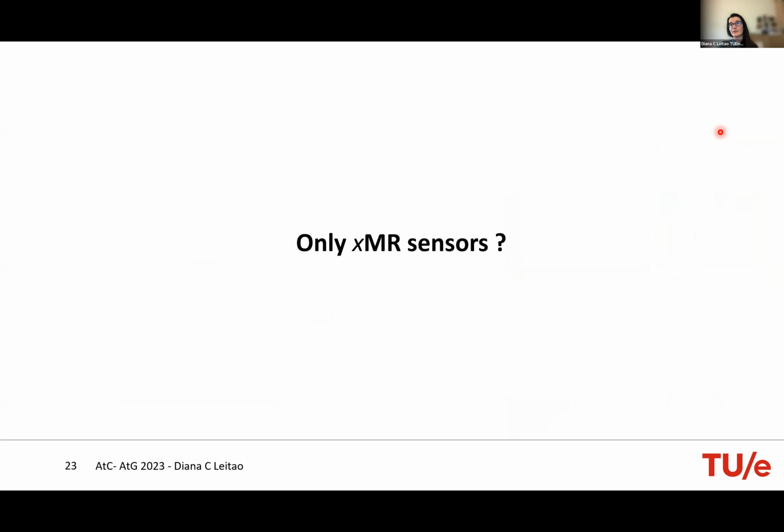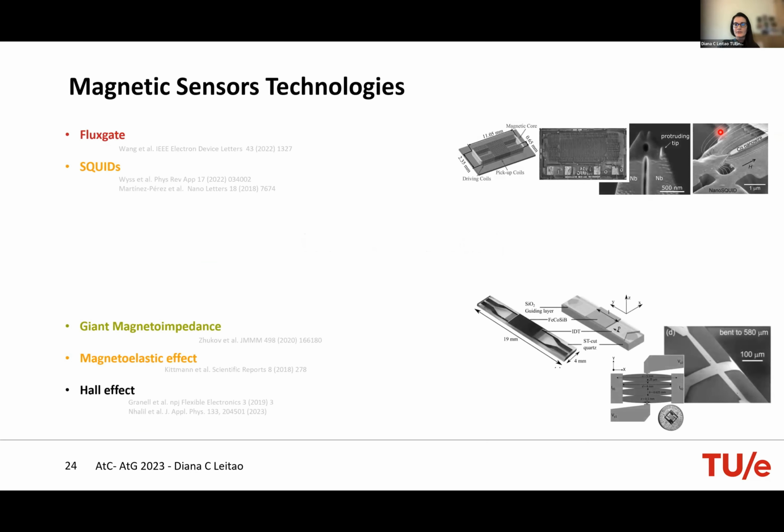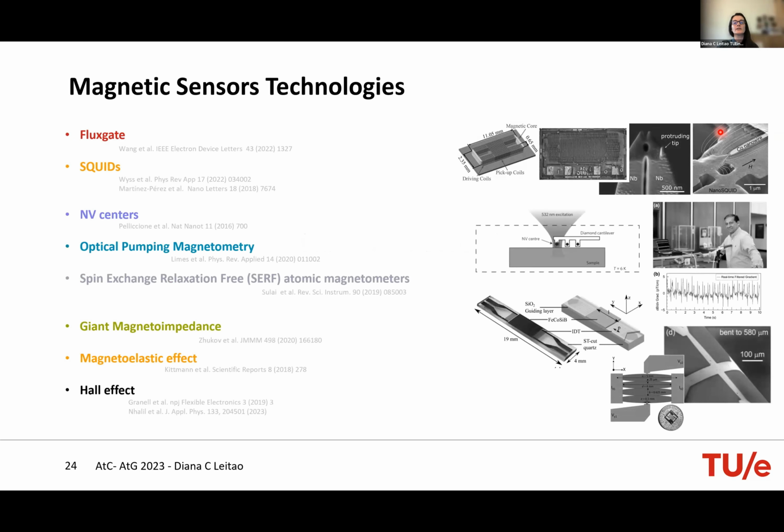Of course, as a disclaimer, not only XMR sensors exist. There are magnetic sensors in the flux family with quite high sensitivity. We can never forget the Hall sensors, which are dominant in the commercial applications. And also, we cannot ignore the up-and-coming optical-based techniques with the nitrogen vacancy center in diamond or the optical pumping magnetometry, which also have huge sensitivity capabilities.